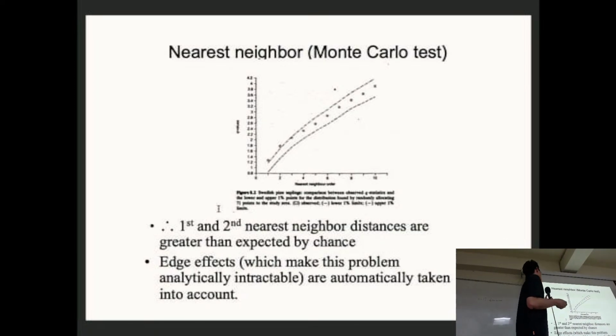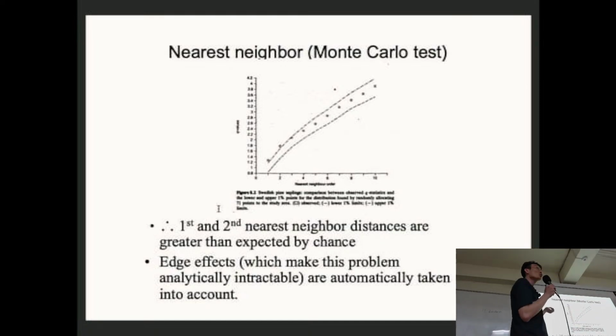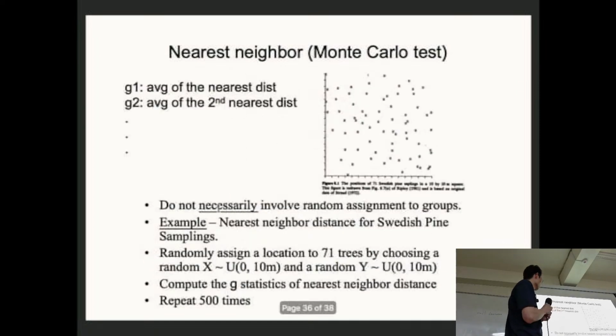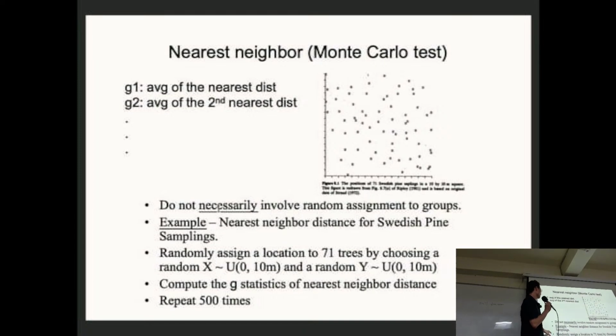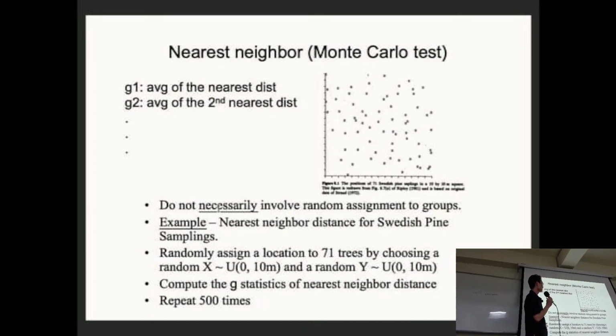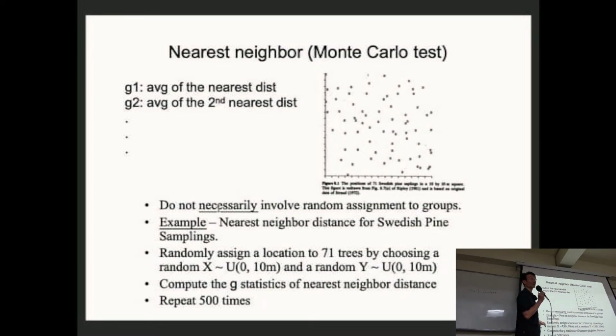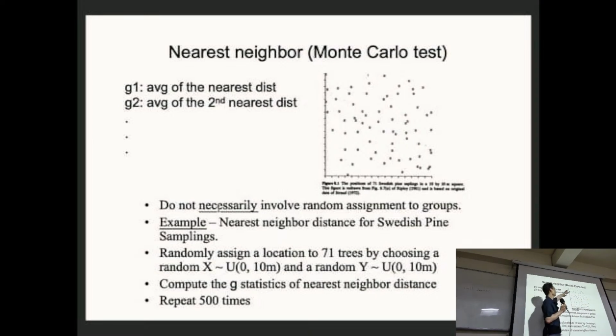And then, what is the null for G1, G2, G3? The hypothesis is that there are 71 trees in total, and there's no interaction between tree individuals. Suppose the environment is homogeneous, so a tree can grow anywhere on that space.